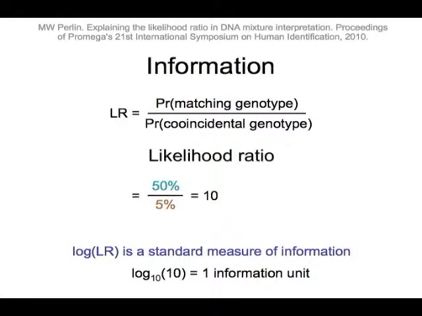And so in this example, if there was an information gain of 10, the log base 10 of 10 is 1, 10 to the 1 is 10, and that's one information unit. And that's the unit that people who develop methods like Peter Gill, John Buckleton, Bruce Weir use in papers when they compare efficacy of methods, and that's the unit of information, the log of the likelihood ratio, we'll use throughout this talk.